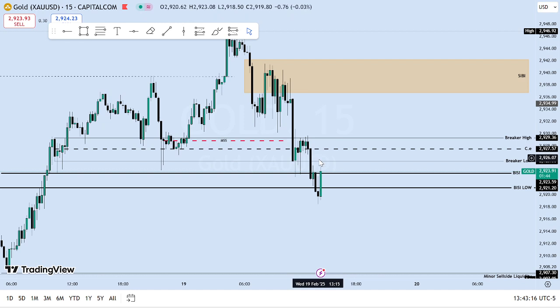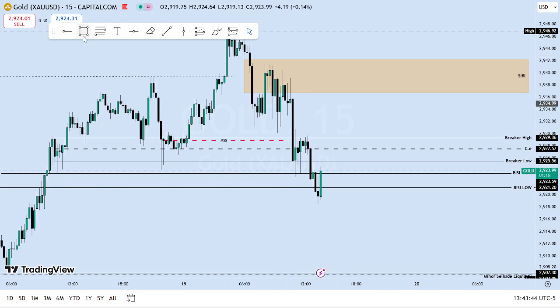After the breaker, price created a fair value gap between this candle high and this candle low, going into the 2 to 3 p.m. silver bullet. So we like to anticipate price trading into this fair value gap to act as resistance, as the PM session silver bullet.